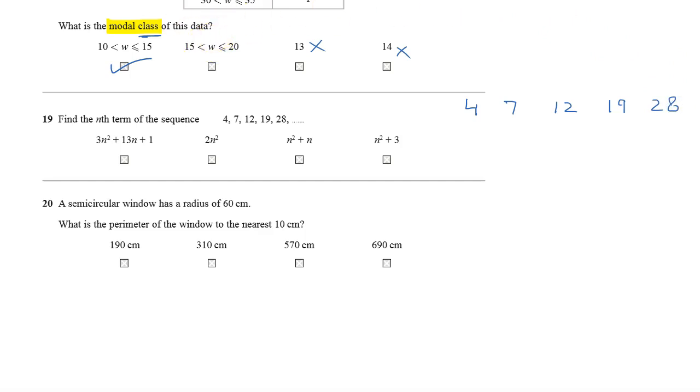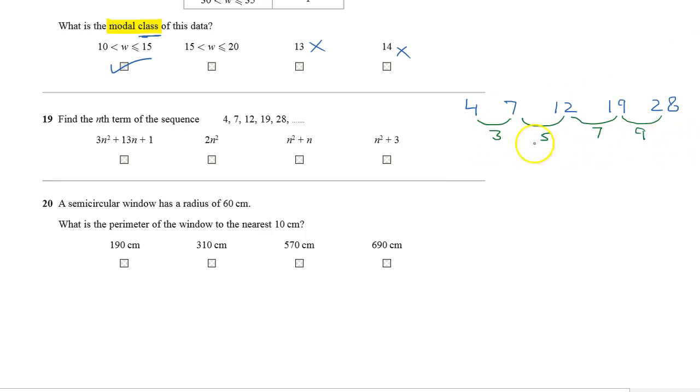First we try to find the difference between consecutive terms. 7 minus 4 is 3, 12 minus 7 is 5, 19 minus 12 is 7 and 28 minus 19 is 9.